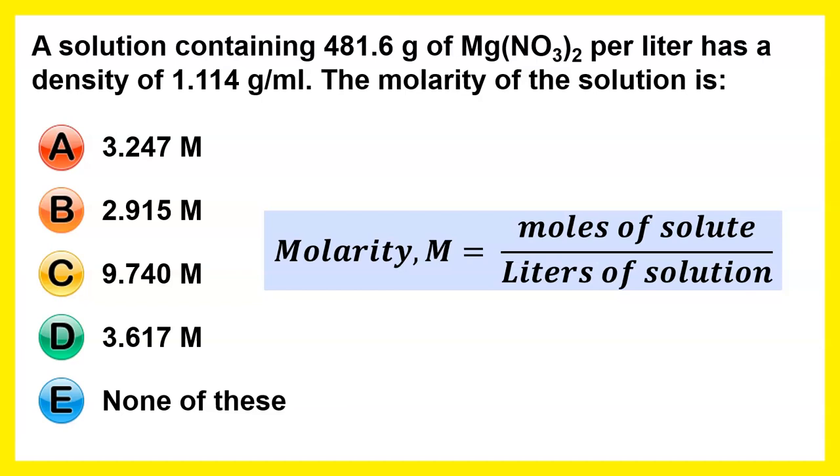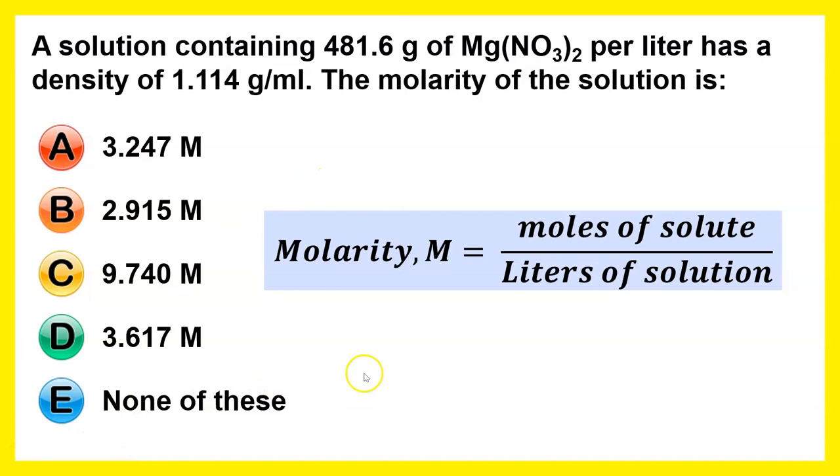And it wants to know what the molarity is. So you need to get moles of solute and then liters of solution. So pause the video and give it a try.